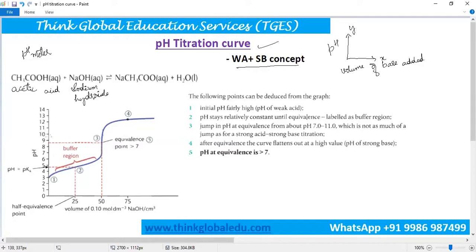This is a graph of pH along the y-axis and the volume of base added in the reaction along the x-axis.